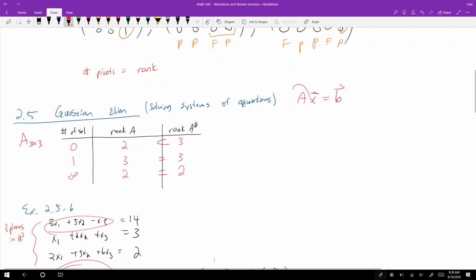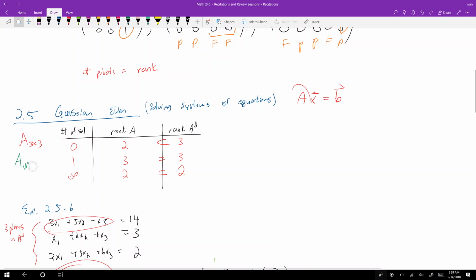Remember, rows were the number of planes that I have, but we're trying to find what our unknowns are, and where did we label our unknowns on our matrix? Yeah, we labeled them on the columns. Remember, x1, x2, x3 were the columns of the matrix, and so we want to compare the ranks to the columns.